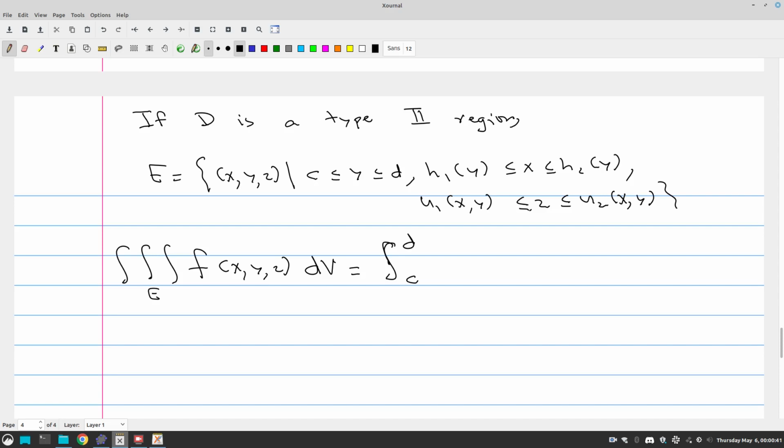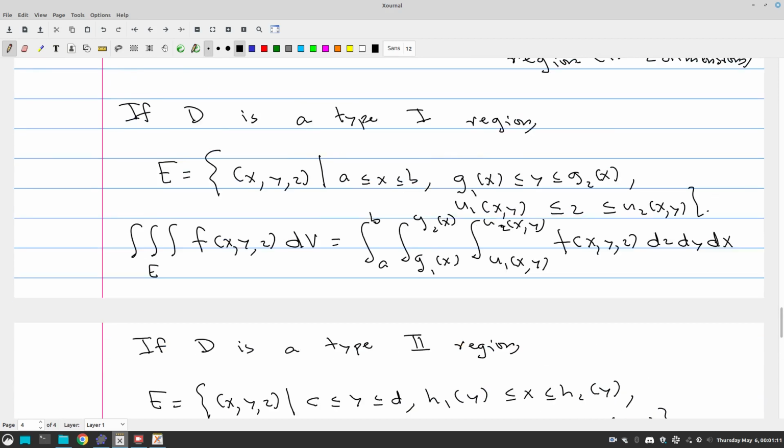It's the integral from c to d, from h1(y) to h2(y), and you have u1(x, y) to u2(x, y) of f(x, y, z) dz dx dy. So this is if D is a type 2 region.